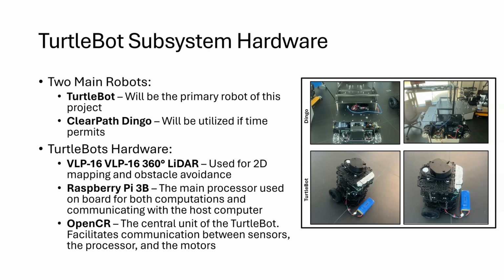It will run on a Linux-based operating system, Ubuntu. The version of Ubuntu depends on which ROS distro is desired. And then there's the OpenCR, a microcontroller, which is designed specifically for robotic applications. And it's the central control unit that facilitates many of the essential functions, such as motor control, sensor integration, power management, and more.